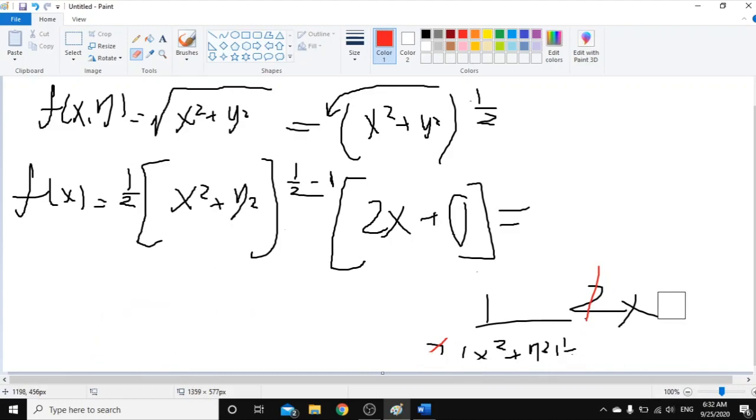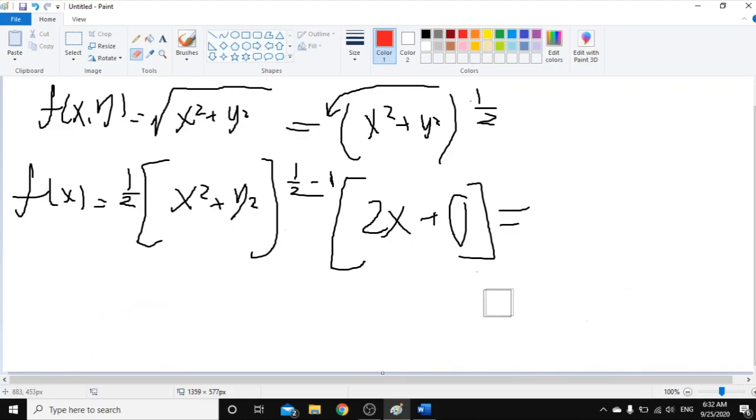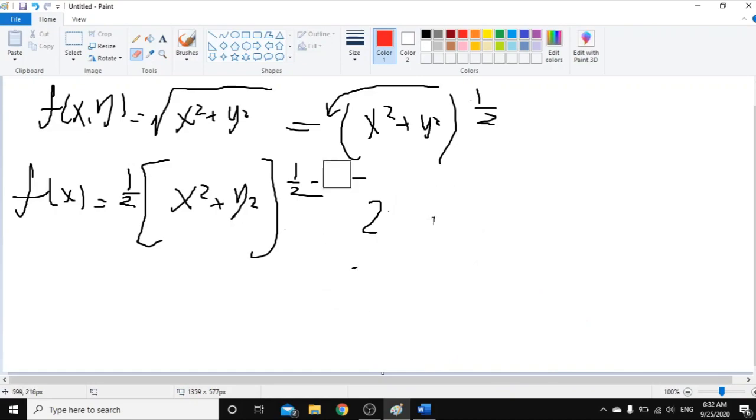This is with respect to x. Let's solve with respect to y right now. Okay, with respect to y, everything here is the same. We take the 1 over 2 here, and we say to the power 1 over 2 minus 1, and the difference is the partial derivative of the inside.